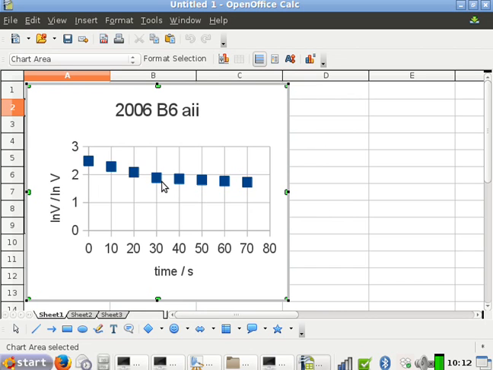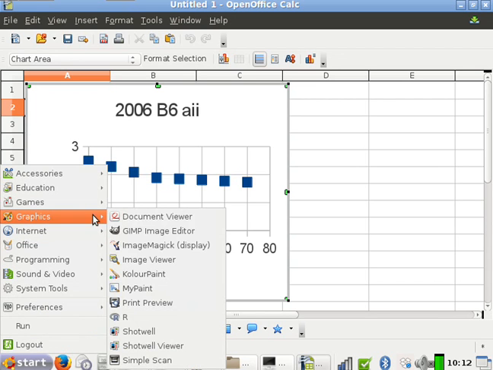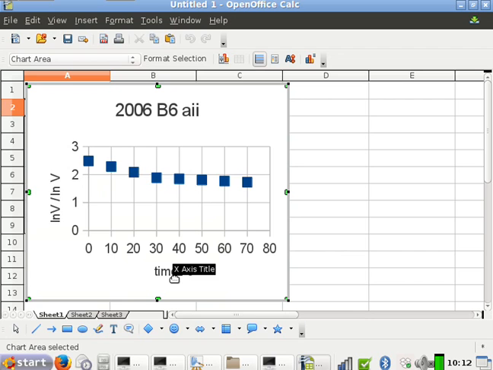Next part, find the values of the slope of the 2 straight lines. So why are there 2 straight lines? Oh, I know what I'll do. I'll put this in paint. Why do they say 2 straight lines?